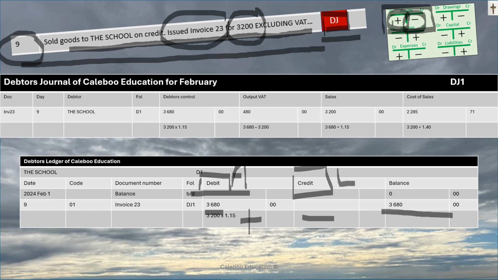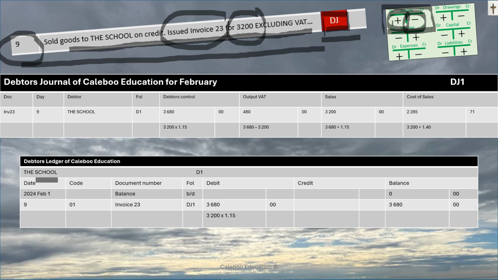So this transaction now has been taken to the account of the school in the debtor's ledger, and this happens on a daily basis. Why? Because we will keep a running balance. So if the school phoned us on the 15th and they wanted to know how much they owe us, we have a running balance. We can check what the school owes us on a daily basis.